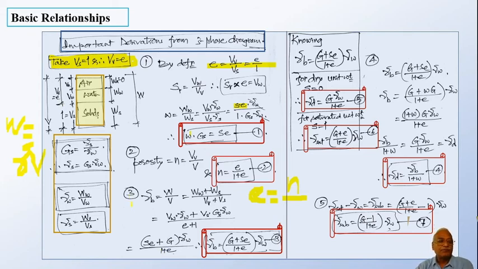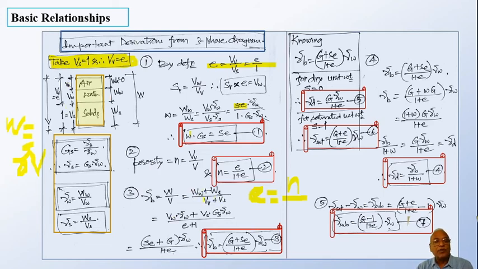Okay, next one, relation number 3. We'll start with the definition of gamma b. Gamma b is the bulk unit weight, which is W by V, that is total weight divided by total volume. Total weight is having both weight of water and weight of solids, divided by total volume, which also consists of voids plus solids.